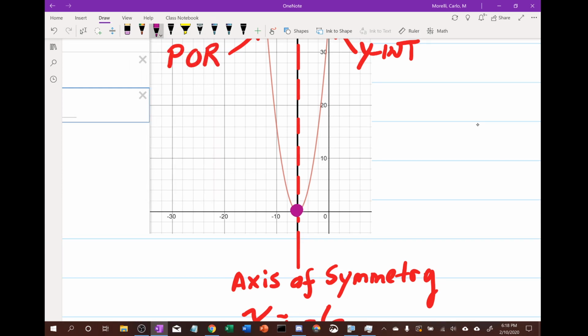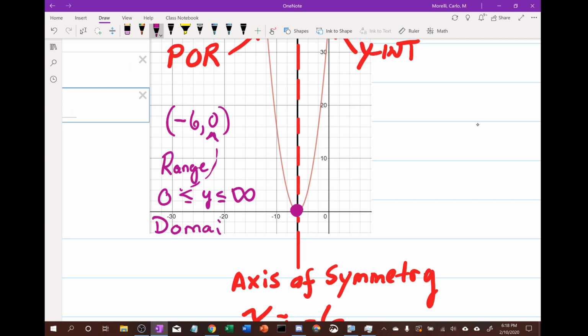So the range for this one would be 0, right? Because the vertex was at negative 6, 0. So that y value is the lowest point. So it's 0 less than or equal to y less than or equal to infinity. And the domain is always, unless otherwise indicated, all real numbers.